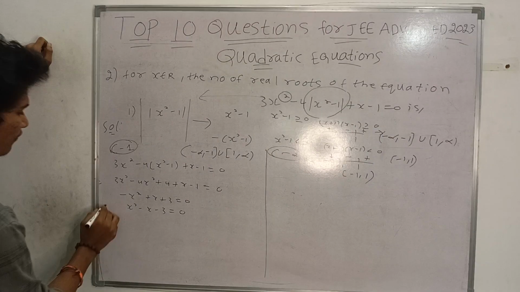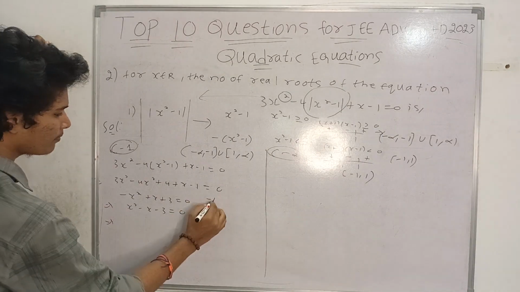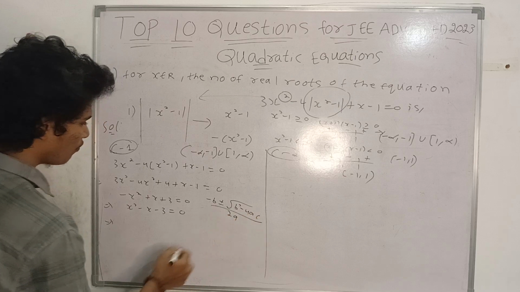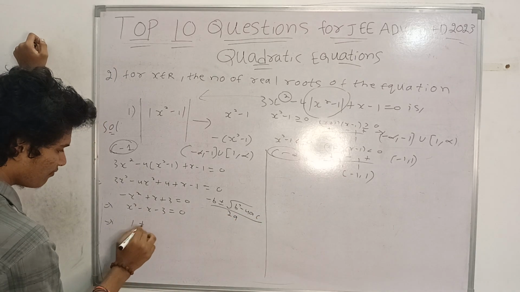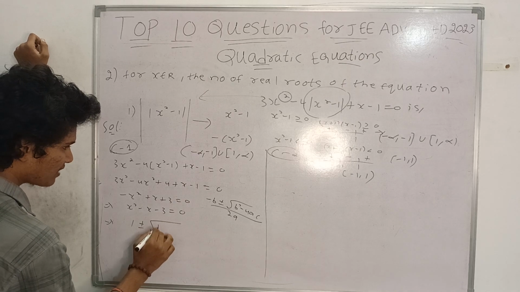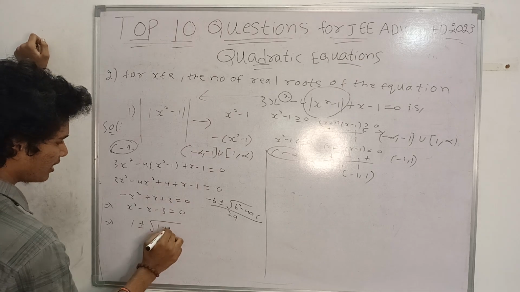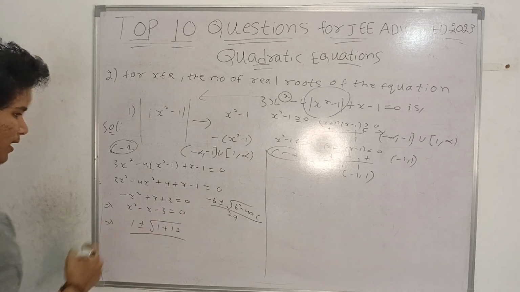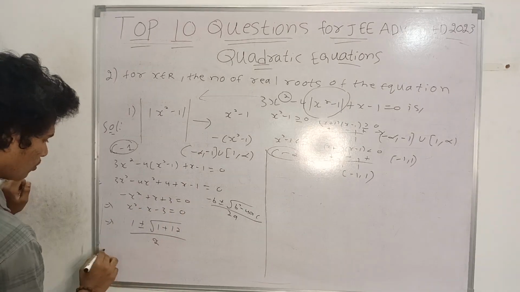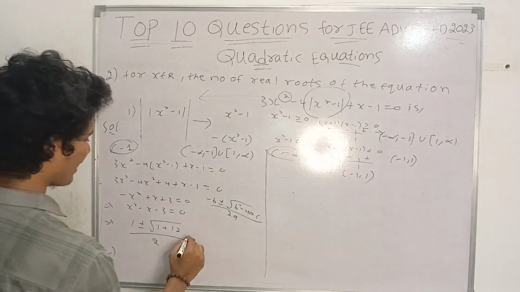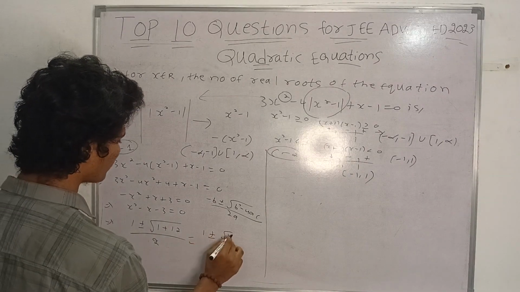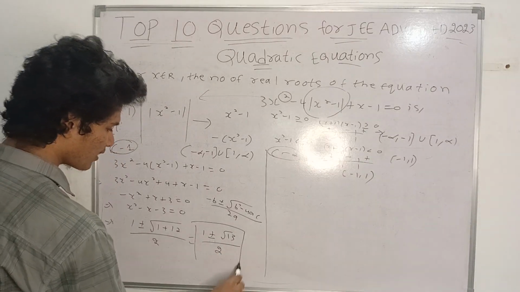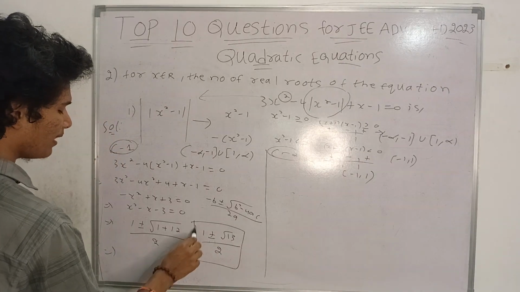By taking the formula minus b plus or minus root of b square minus 4ac divided by 2a, we are able to find it as 1 plus or minus root of 1 plus 12, divided by 2a, which is 2. So we are getting 1 plus or minus root 13 divided by 2. These are the two roots we got, and these are real roots only, it is clear.